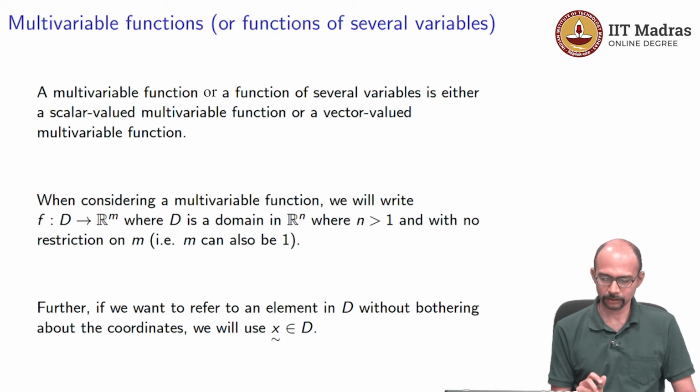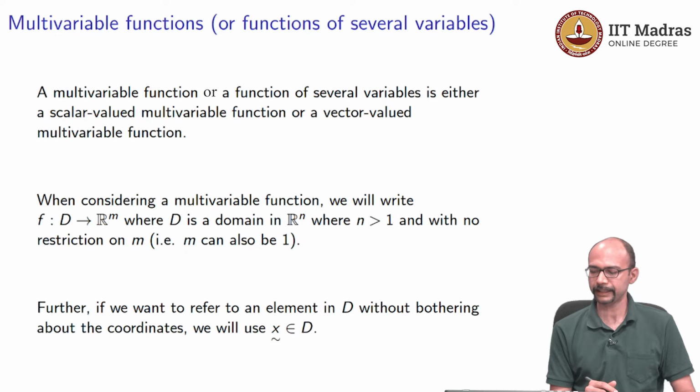Just to set notation as we go ahead, if we want to refer to an element in D, what is D? D is this domain in Rn, without bothering about the coordinates. Remember that since we are in Rn, we have coordinates x1, x2, ..., xn, but sometimes we do not want to explicitly talk about coordinates. Let us say I want to add two functions, f plus g of x1, x2, ..., xn.